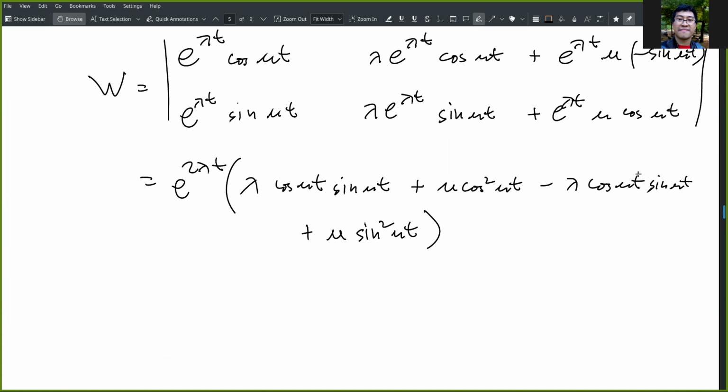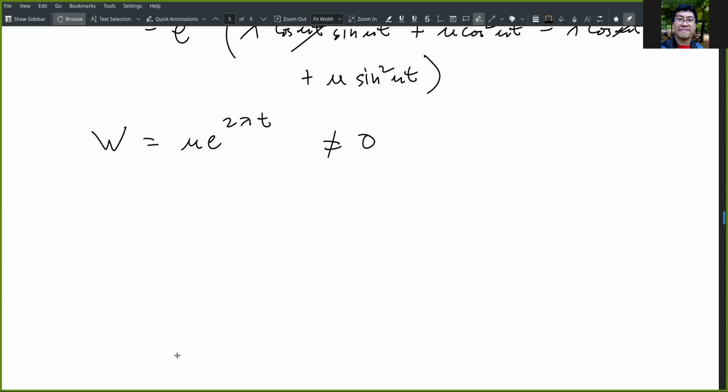Okay, this term and this term cancel out. If we add these two, cosine squared plus sine squared, that's 1. So you have μ e^(λt), which is not 0.